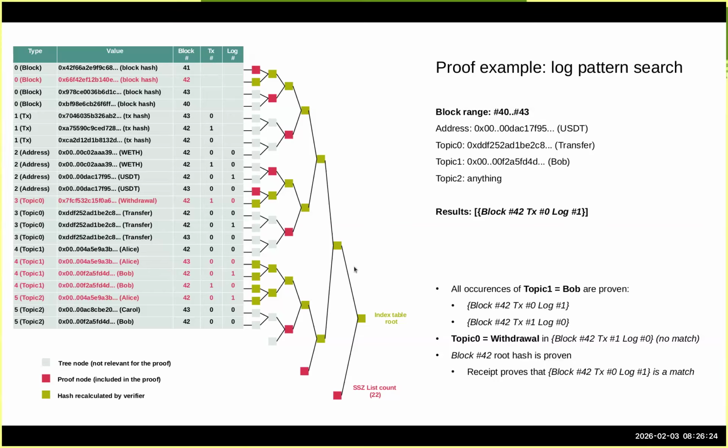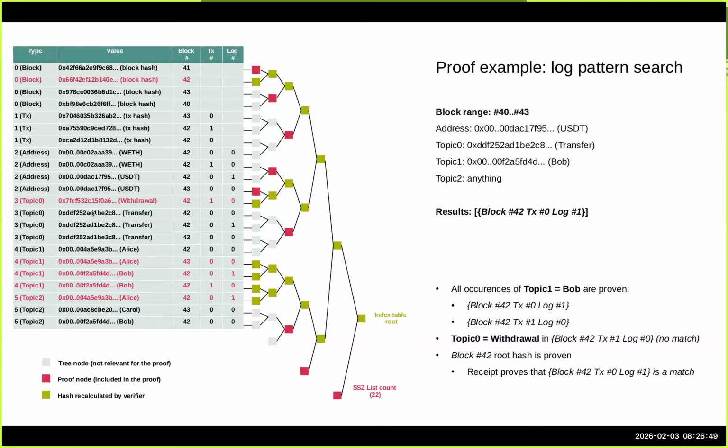In the case of these more complex searches, it's harder to give exact numbers of how expensive a proof is, because it depends on some factors. But the additional overhead over the actual matches is usually logarithmic.